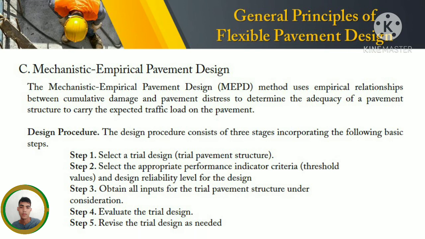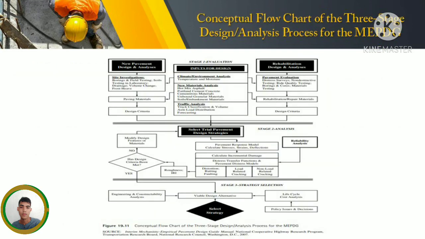Step 2, select the appropriate performance indicator criteria and design reliability level for the design. Step 3, obtain all inputs for the trial pavement structure under consideration. Step 4 is to evaluate the trial design, and the last step is to revise the trial design as needed. For the 3-stage procedure, we have this conceptual flowchart of the 3-stage design analysis process for the MEPDG. Here is the conceptual flowchart.